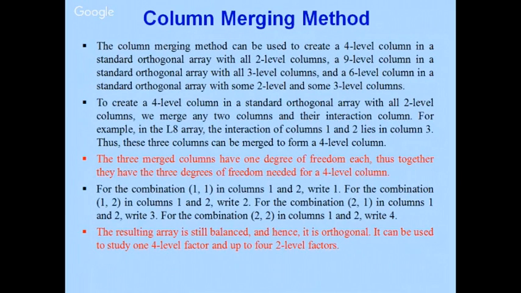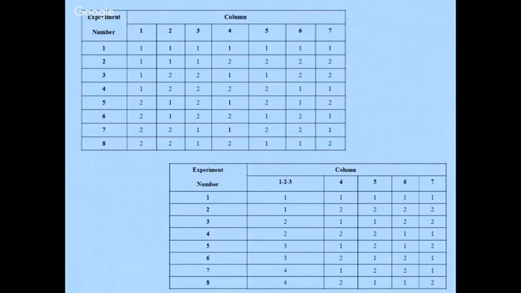Second is the column merging method. That means you can merge 2 or more columns and conduct an experiment with many more levels of the factors than the array permits. So that is the column merging method. I will again briefly explain it. You see here, this is an L8 array.